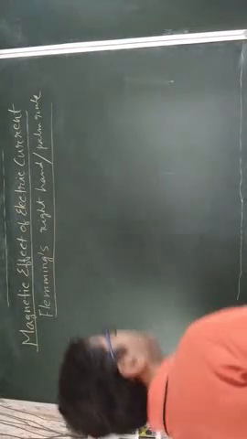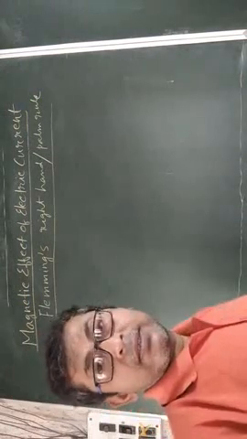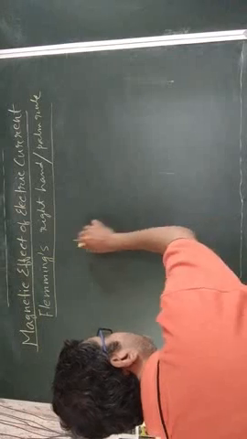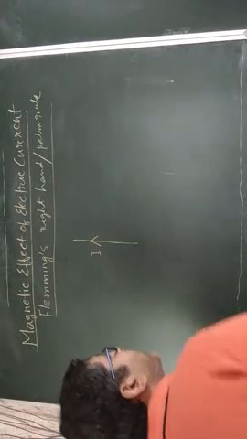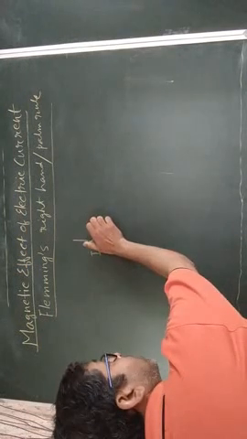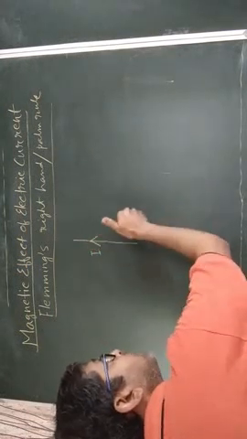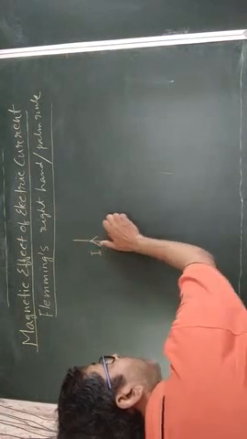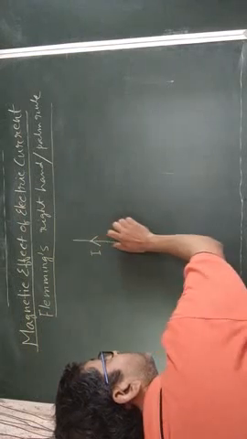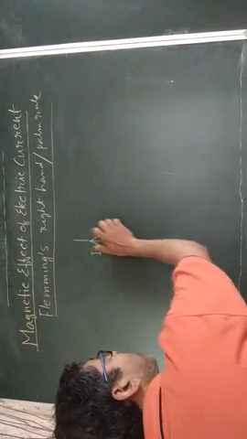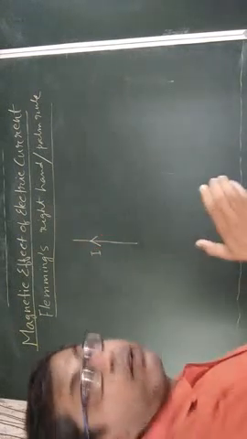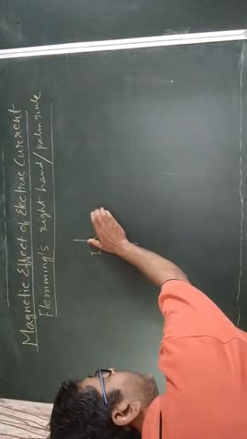According to him, if we place a current carrying conductor on any plane and the current flows in this way, and if we grab this conductor with our right palm in such a manner that the thumb directs the current, if the thumb shows the direction of the current, then the other four fingers kept together will show the direction of the magnetic field.